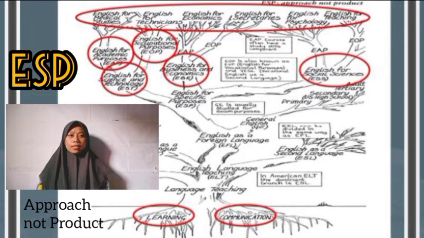ESP is not a special variety of teaching English. Language is used for a specific purpose. ESP is not just a method of scientific words and grammar for scientists. ESP doesn't differ in kind from some other forms of language teaching.